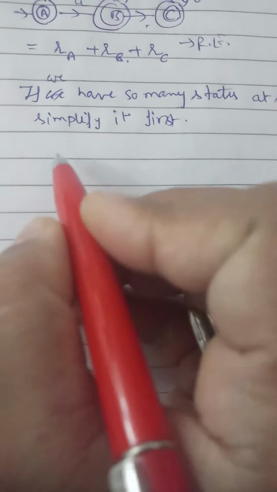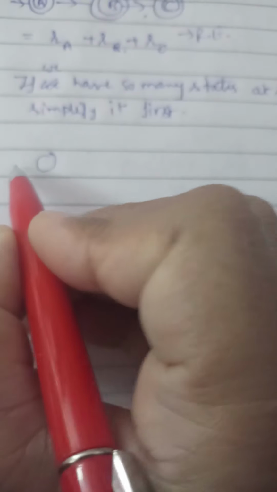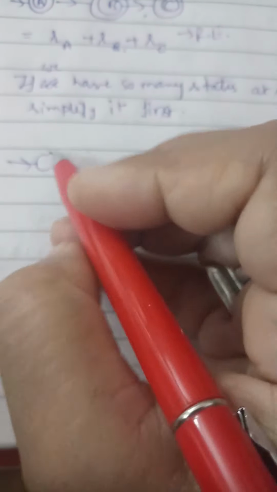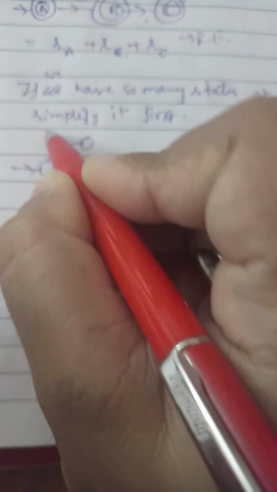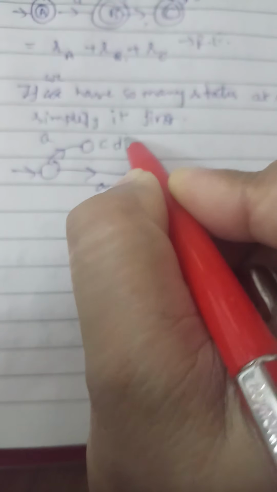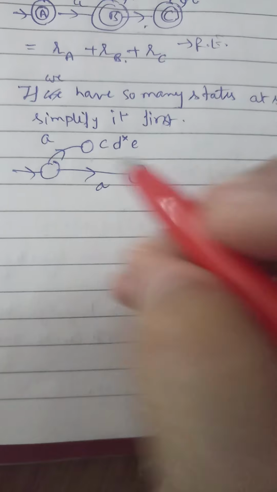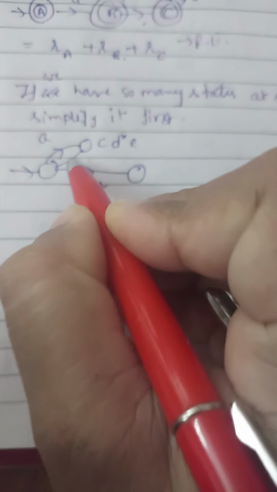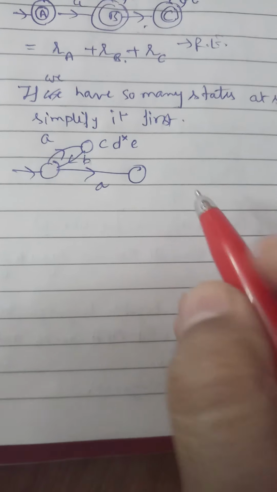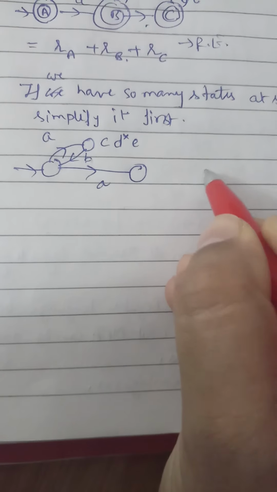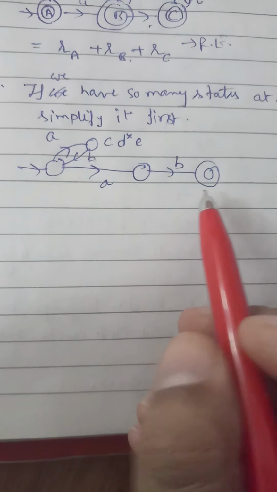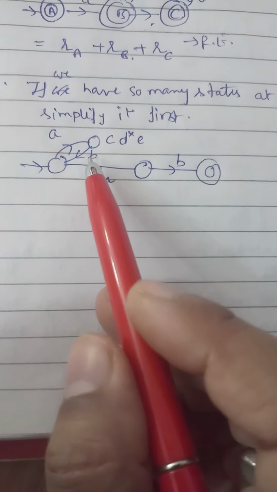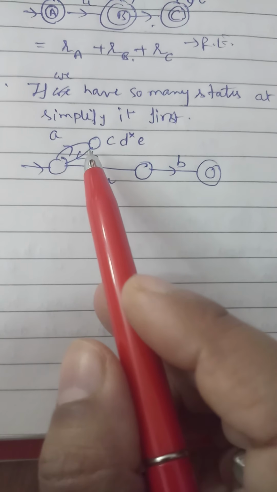How? Let's understand with an example. Suppose we have this, and we can clearly see that there are so many on the start. So first we will simplify it.